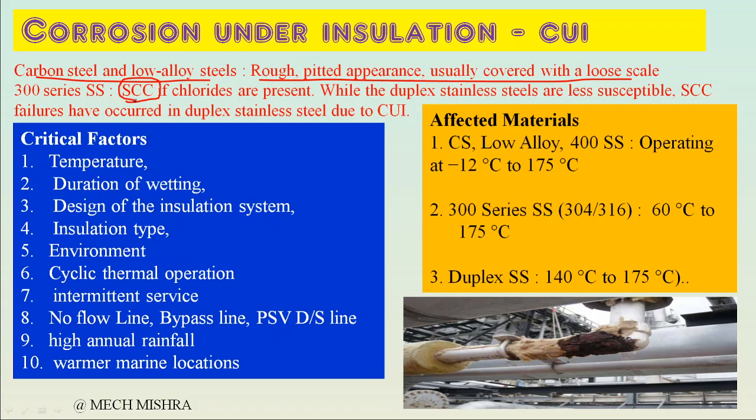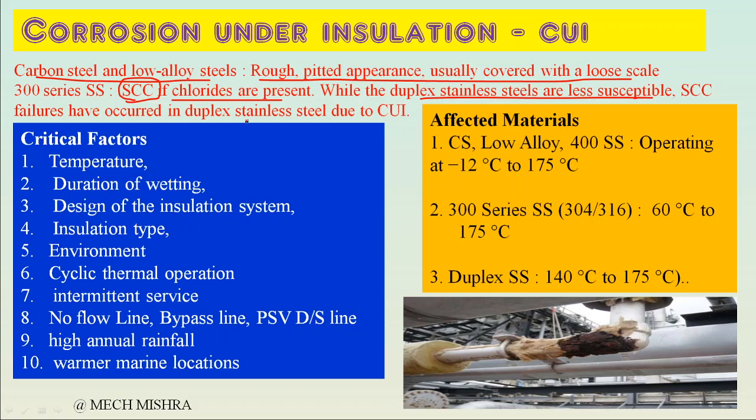Due to CUI, it will result in stress corrosion cracking if chlorides are present in the insulation. While duplex stainless steels are less susceptible, SCC failures have occurred in duplex steel also. So they are resistant but not immune.